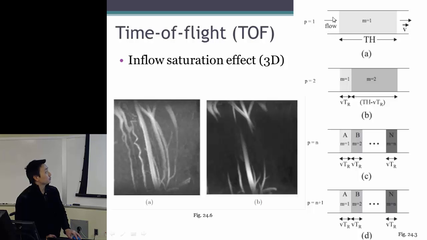With this partition encoding, we divide this thickness into different voxels, and for different voxels we collect the signal intensity at different sections of this inflow effect. That means we can directly reveal the gradual blood saturation as the blood goes into the imaging slab.